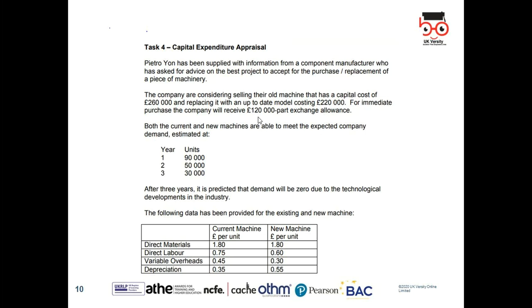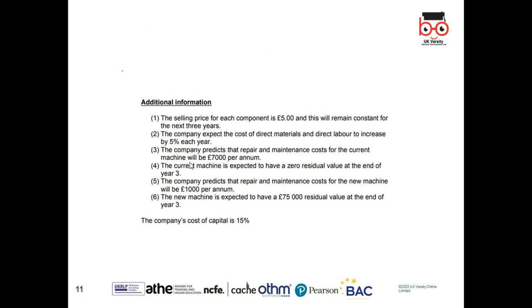So we've been given the direct material per unit, and we've been given the sales. So 1.8 times 90,000, which I'll show you now. Then we've been given additional information. The selling price is 5 times 90,000 in year 1.